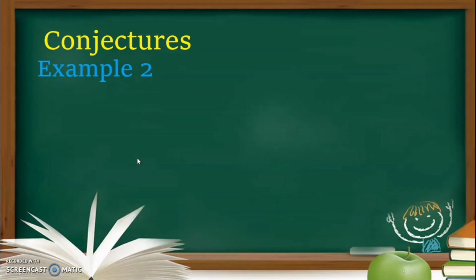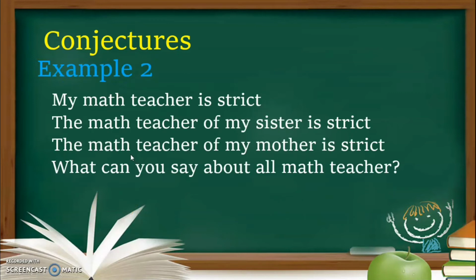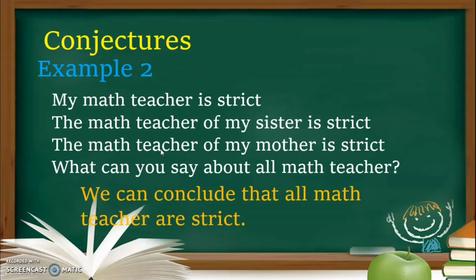Okay, example number 2. My math teacher is strict. The math teacher of my sister is strict. The math teacher of my mother is strict. So, what can you say about all math teachers? We can conclude that all math teachers are strict, which is not true.